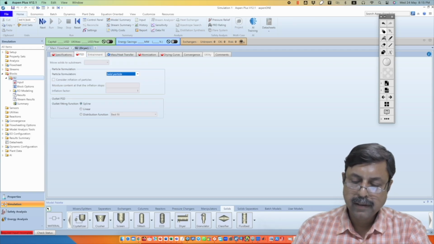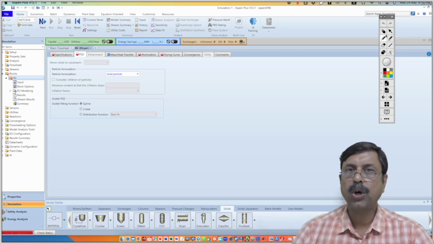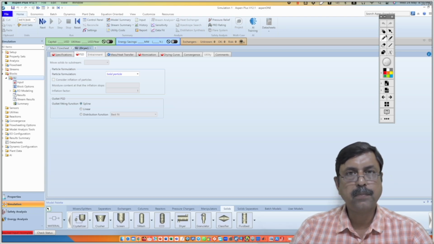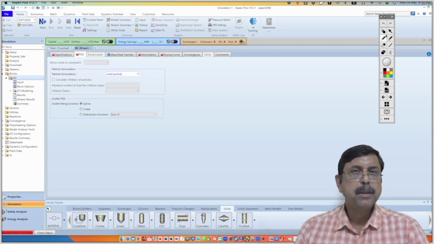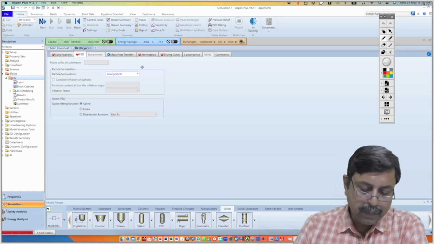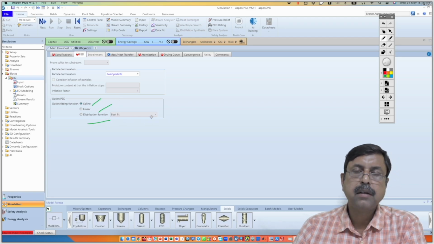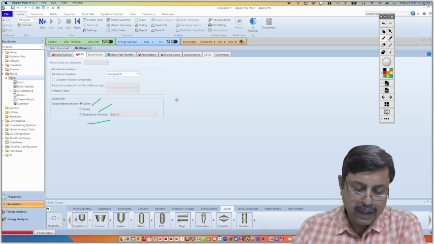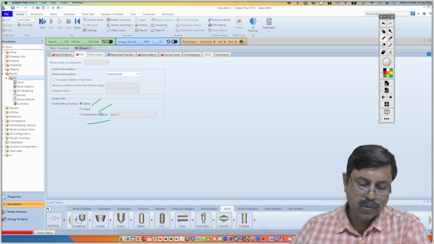As I said, this is one of the most important factors for a spray dryer because the end product of a spray dryer is small particles, solid particles or porous particles, whatever it is. And whenever particles are there, we have to have some particle size distribution. So for this particle formulation, there are various functions like spline, linear, distribution function. You can refer to the help file to get to know what they are. So you have to specify which function you want to choose.